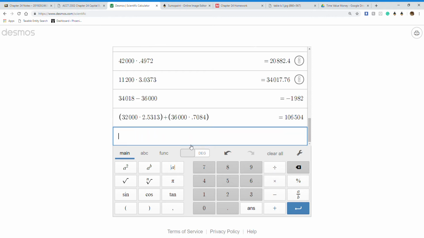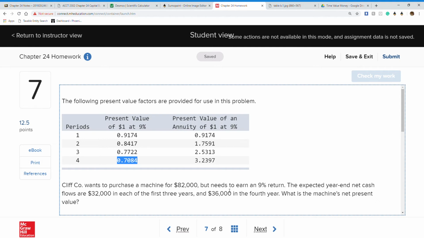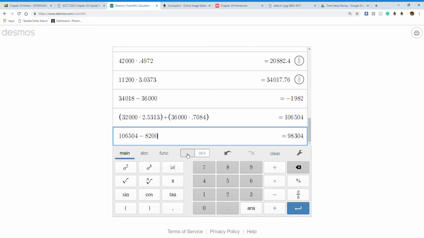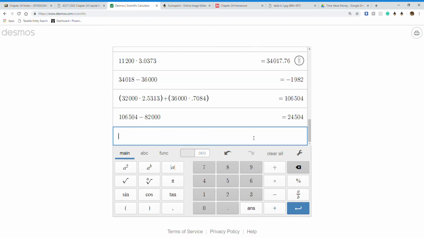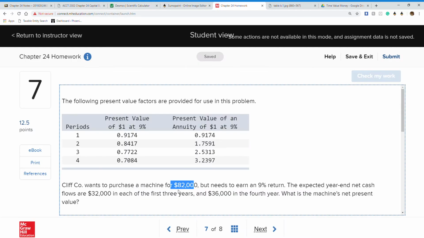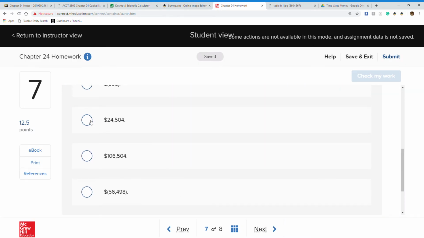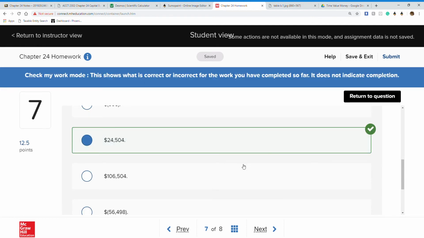So our present value is 106,504. Now, it's asking for the net. So since it's asking for net, we have to take our cost and subtract it from our cash flow. So 82,000. And so we should see a 24,504. Let's see. There it is. 24,504. Check my work. It is correct.